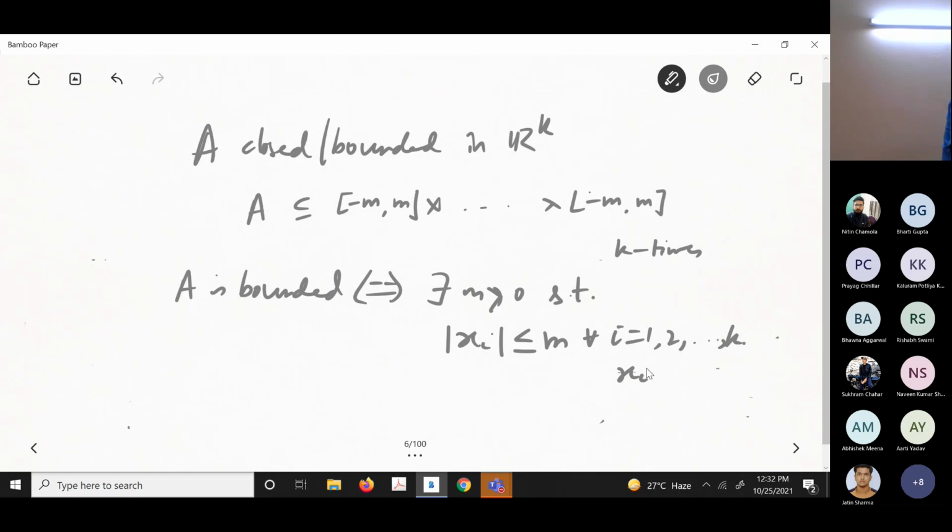And xi, x1, x2, this thing. That is, which coordinate is this? That's what I can put inside the nice things. Okay, and that is compact. That's what I proved.